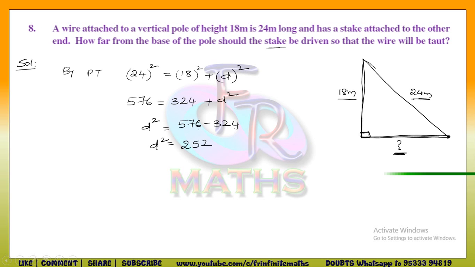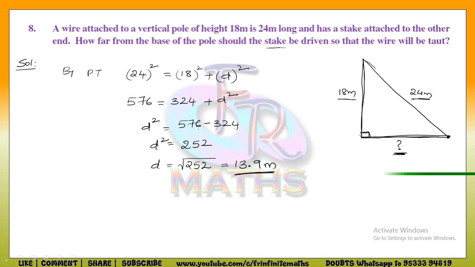So d square is equal to how much? 252. So d is equal to the square root of 252. So what is the square root of 252? It is nearly about 16. So that means I can simply consider it as some 13.9 meters. So it is nearly 13.9 meters.